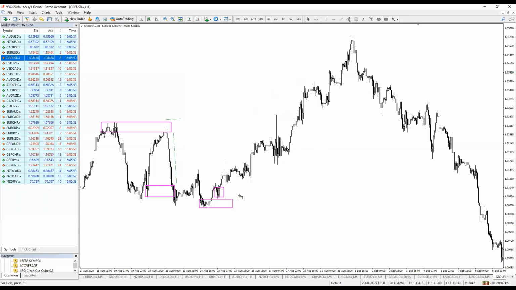So we have another right here. Price is coming, giving a very tiny reaction, and we're busted. Our stop would be here.